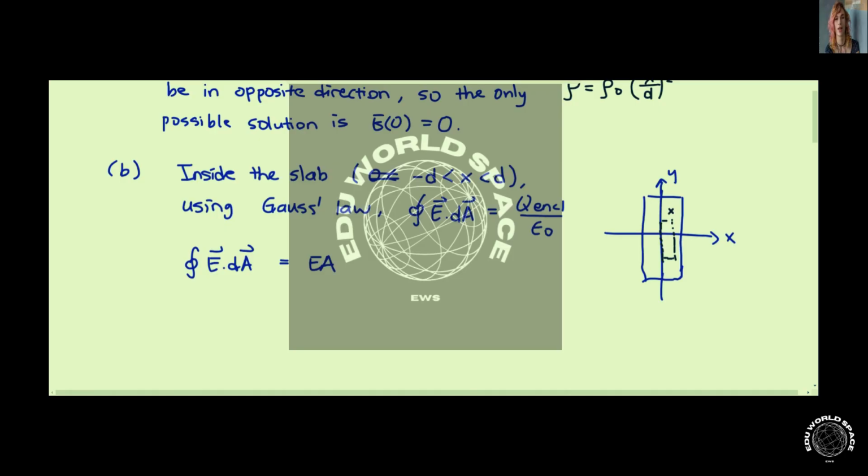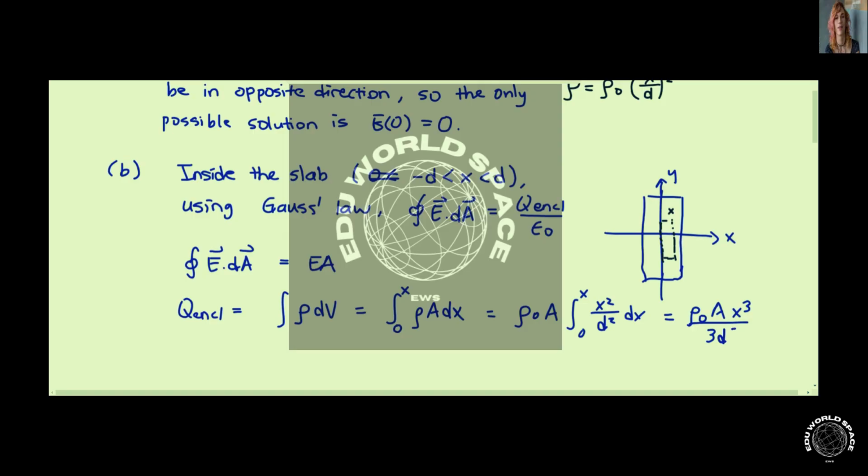Then we calculate the charge enclosed, the integral of rho dV, which is rho A dx from 0 to x. We substitute rho naught, and A is a constant, so we have x squared over d squared dx from 0 to x. Calculating this, we get rho naught A x cubed divided by 3 d squared.